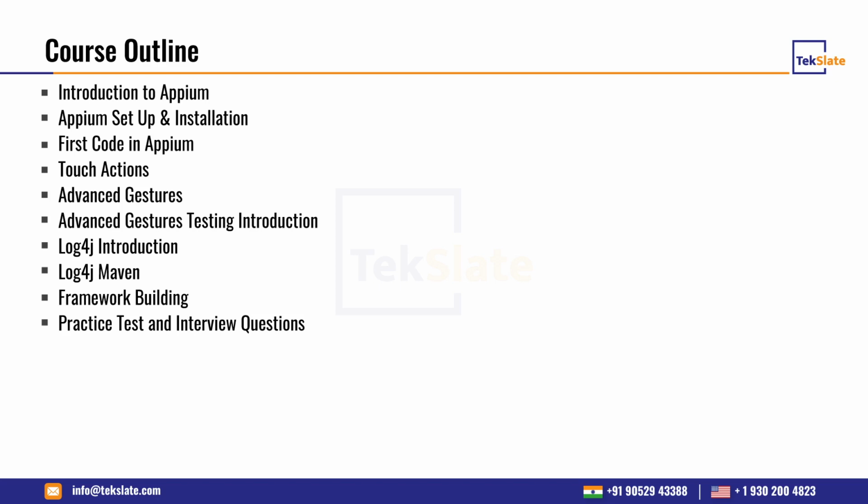After Log4j is Maven, so obviously we will be learning the Maven build tool. Once you automate your test case, it is going to run on some cloud environment or a different machine on a day-to-day basis, right? That is the beauty of automation code. If you have automated the code, how will you utilize it? If your team is generating a build daily, you need to test that build manually.